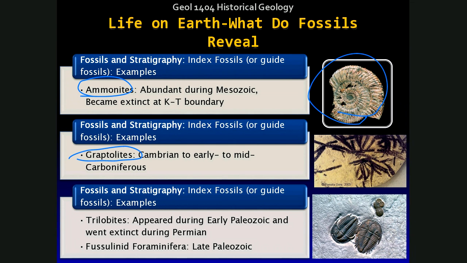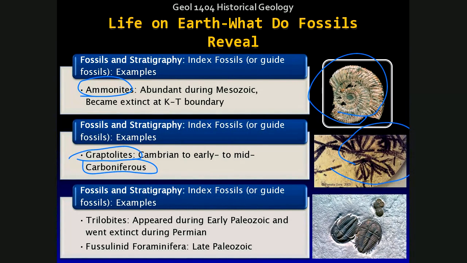These are graptolites. They thrived from Cambrian to early to mid Carboniferous, at the end of which they went extinct. So the presence of fossils of graptolites indicates Paleozoic age, and especially between Cambrian and Carboniferous.